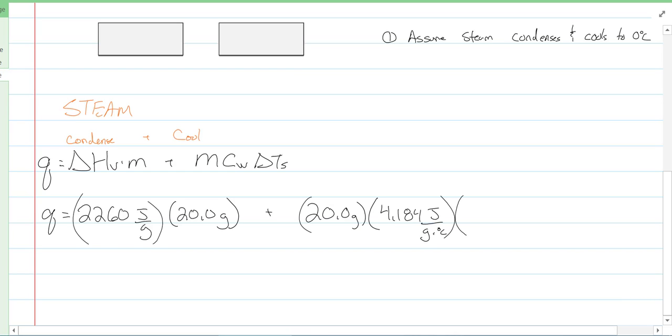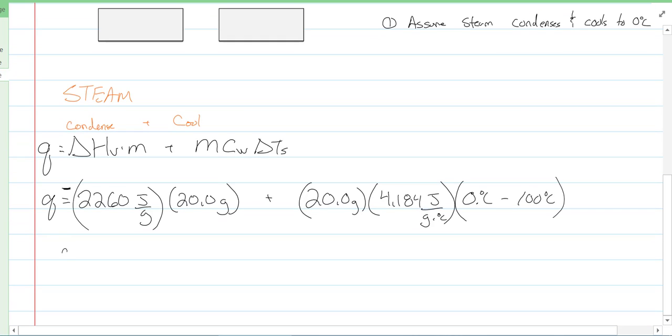So technically that would be a negative 100, wouldn't it? Since we're condensing, this number is negative as well. It's 0 degrees Celsius minus 100 Celsius. Perfect.